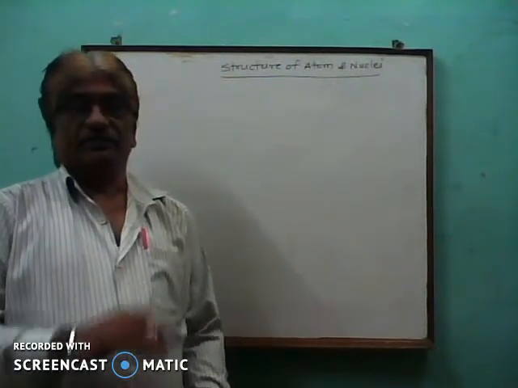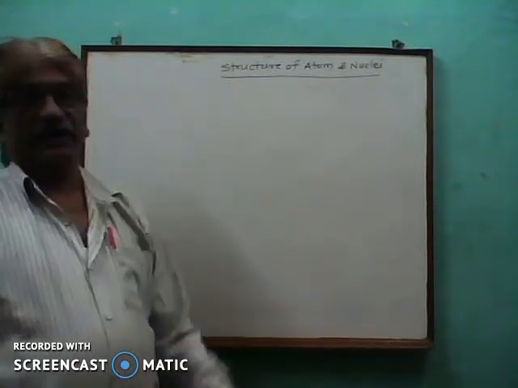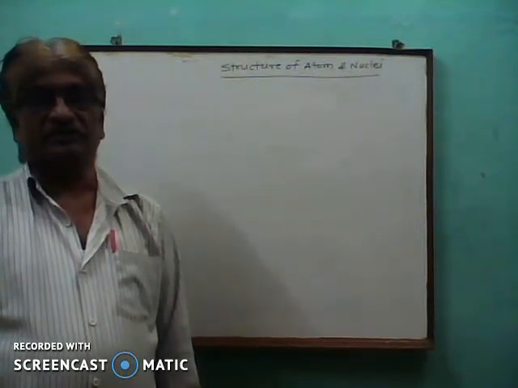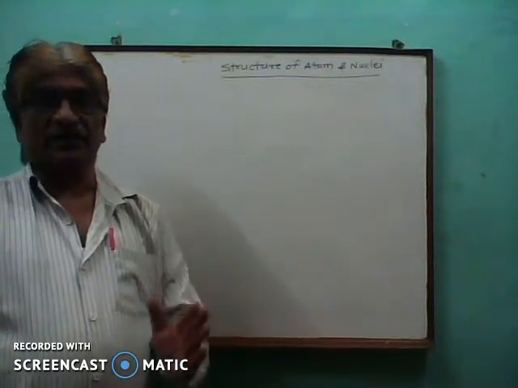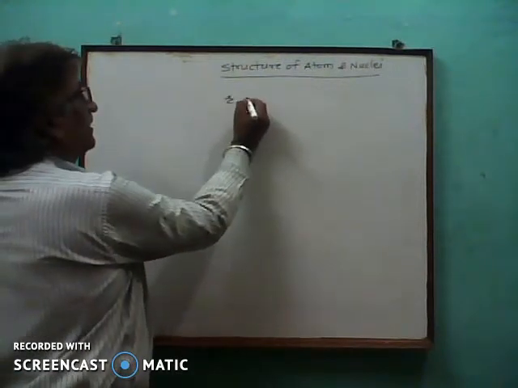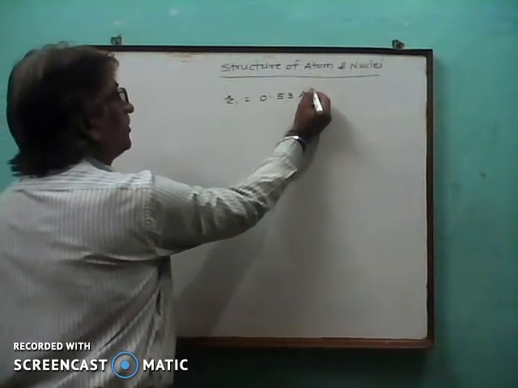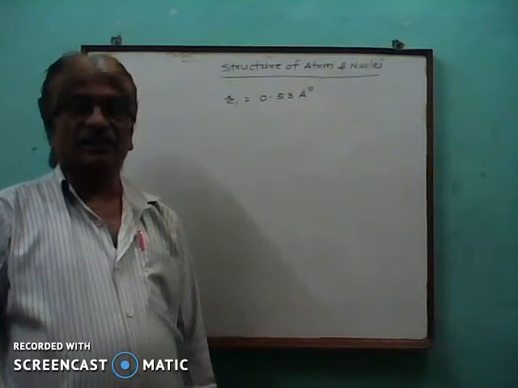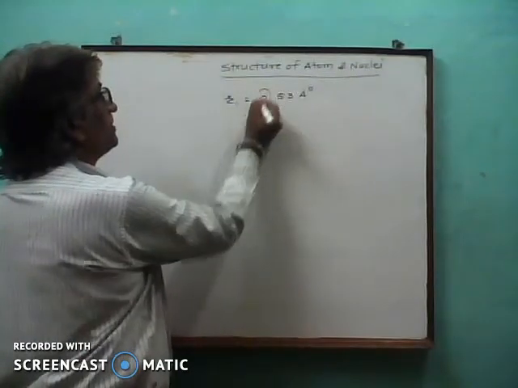In Saturday's period, we have seen structure of atom and nuclei. We see some points: radius, velocity. Radius for first orbit r1 is equal to 0.53 angstrom unit, but in the book it is given as nanometer, so we can also shift the decimal here.